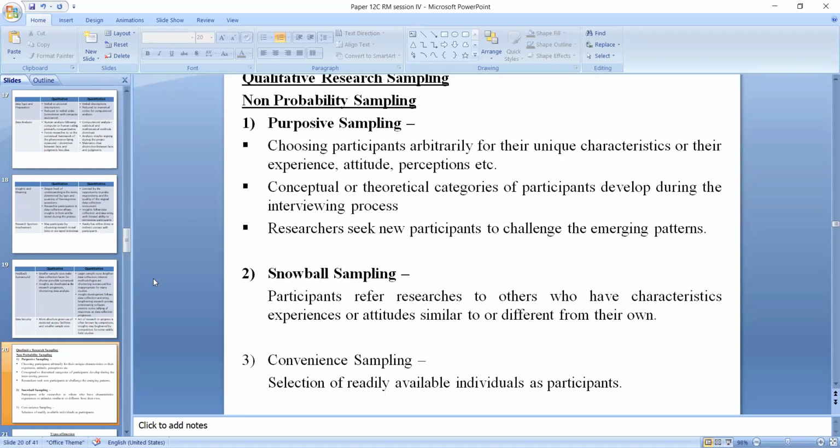Number 3, researchers seek new participants to challenge the emerging patterns. So you design, like I designed positive, negative and normal people. Then in the process, whatever answers come and more insights are received, you think of interviewing some other people.